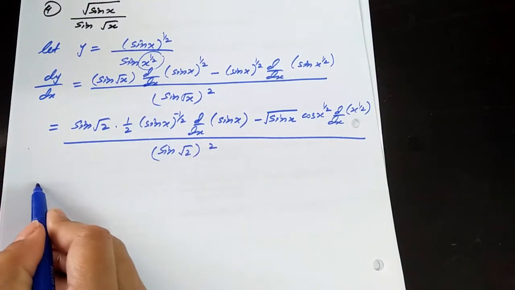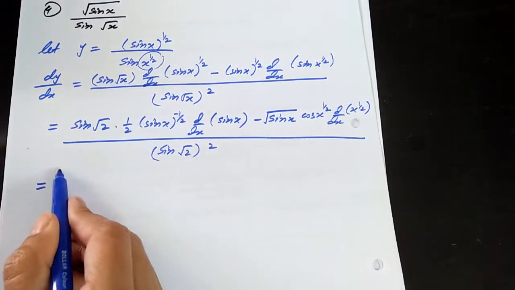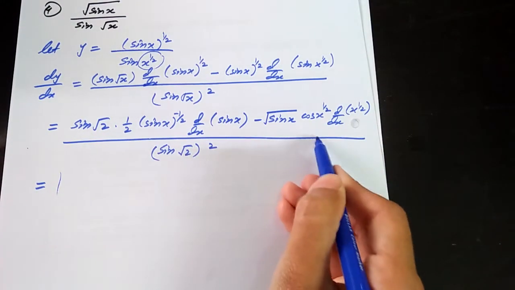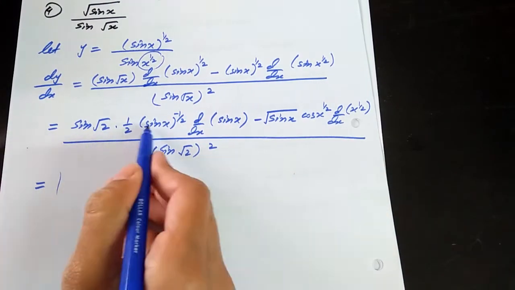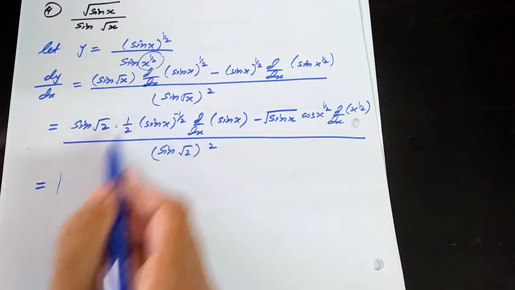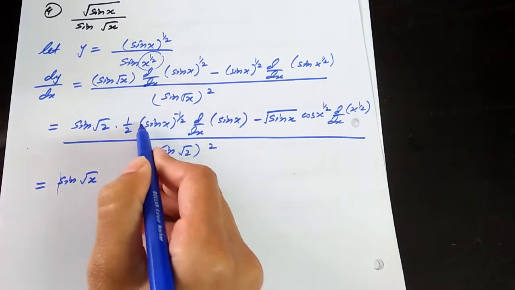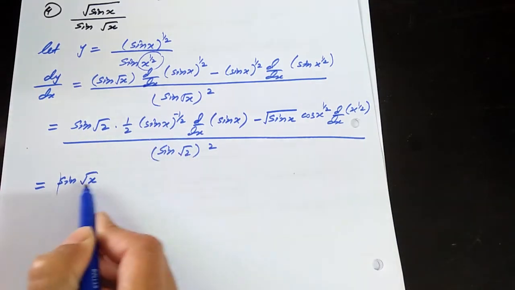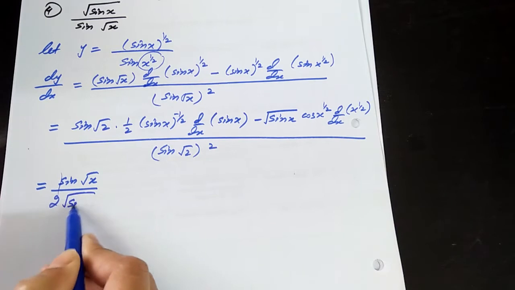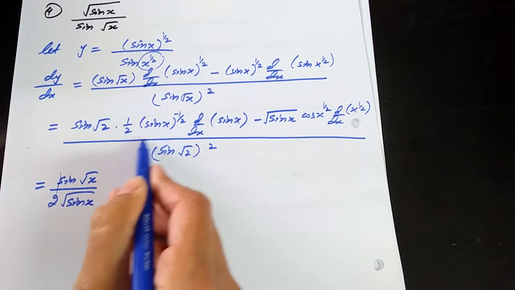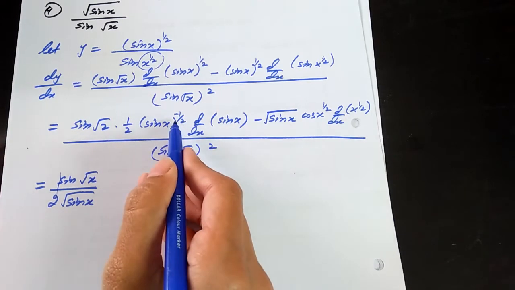Now we can write it like, I am just writing the numerator separately in the bracket. This main fraction is replaced with the division sign, and the denominator I am writing separately. This thing will give us sin of √x, and now this term can be taken down. It will become 2√(sin x). I just moved it down because it has the negative power. Whenever we move it down, it will become the positive power.